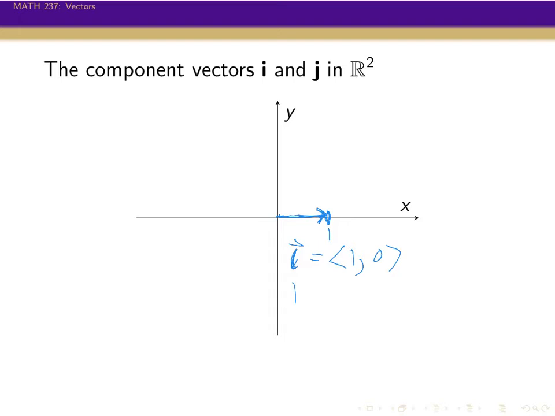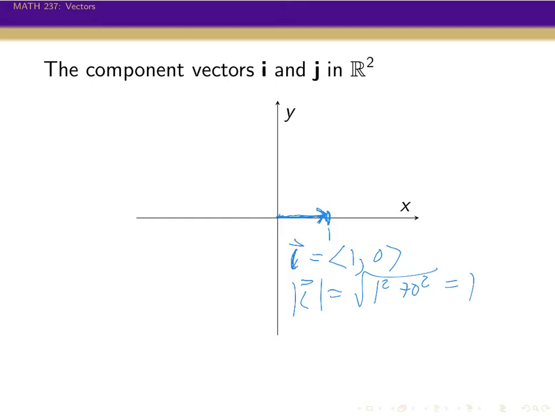You can double check: the magnitude of i is the square root of 1 squared plus 0 squared, which is just the square root of 1, which is just 1. And so i is the unit vector that goes in the positive x direction.